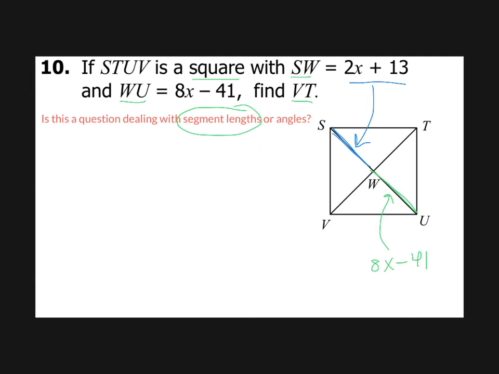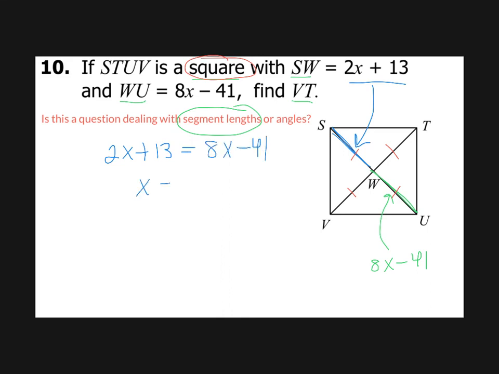And what do I know about those diagonals? You said it. They're identical because diagonals bisect each other. In fact, all four pieces are the same because it is a square. It has that characteristic from the congruent diagonals of a rectangle. So what do I know? Well, since I know that they're identical, 2x plus 13 equals 8x minus 41.